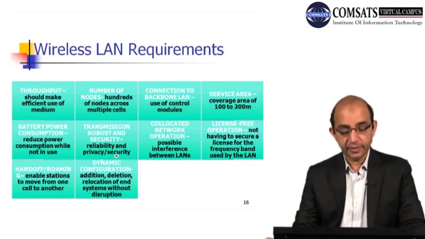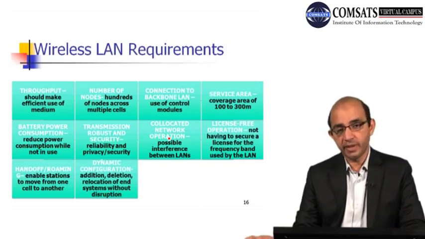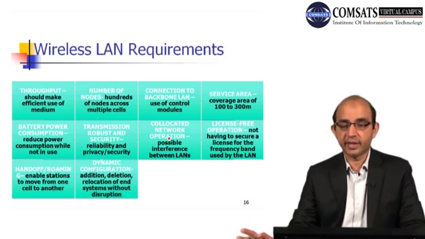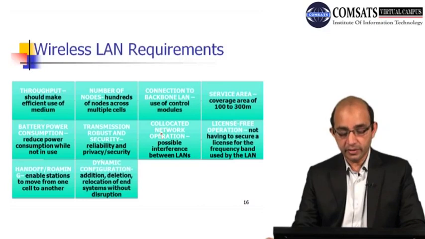And then there can be interference if we have multiple LANs, and over that LAN we have built a wireless infrastructure, so there can be chances that we have interference. So here come the frequency allocation sort of problems.